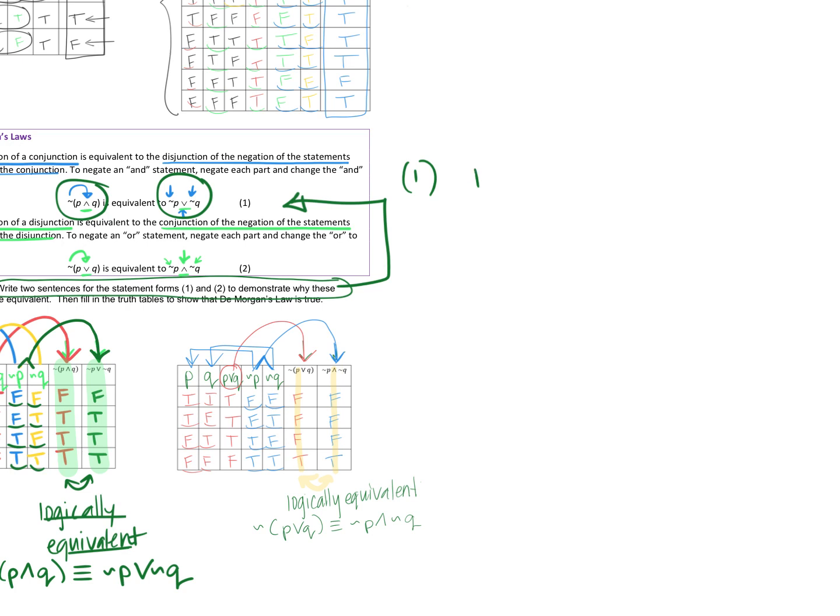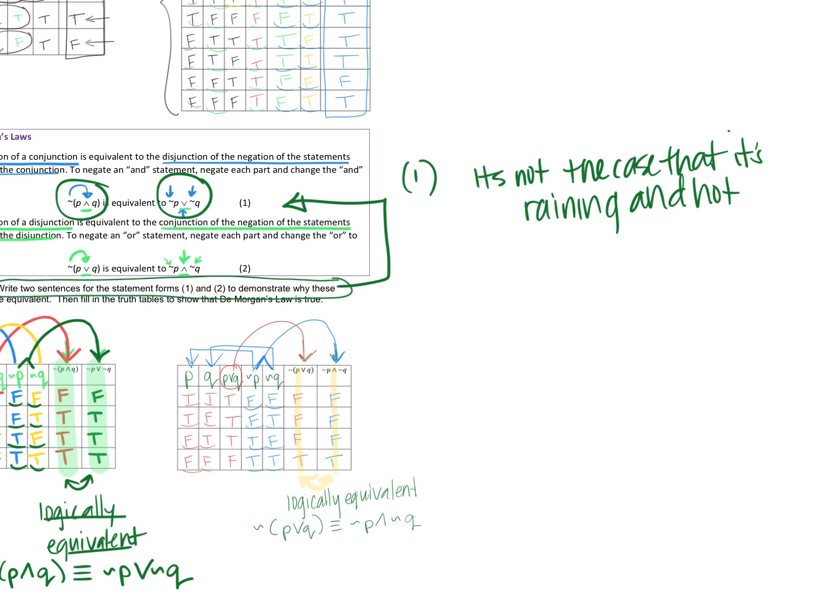So if I say it's not the case that it's raining and hot, you can see my statement here. You see it's not, so that's our negation. It's raining will be our P, and hot is going to be our Q. And it said it's not the case that, meaning that it's not the case and everything that follows. So that's why I put those parentheses on there.